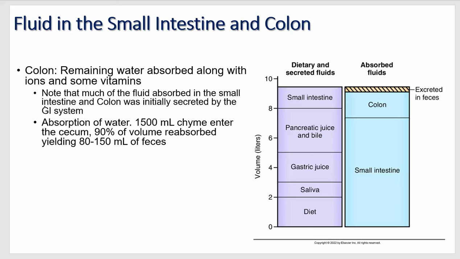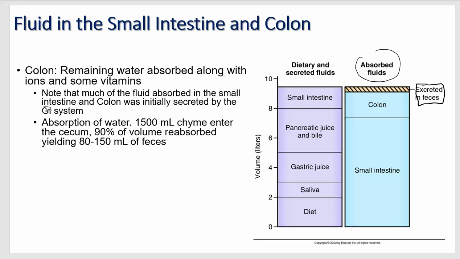There's this graph here that shows what's absorbed and the amounts of it. If you look at absorbed fluids in general, you can see that the colon does absorb some, but it's not nearly as much as happens in the small intestine. A lot of water moves through the colon and is excreted as feces.